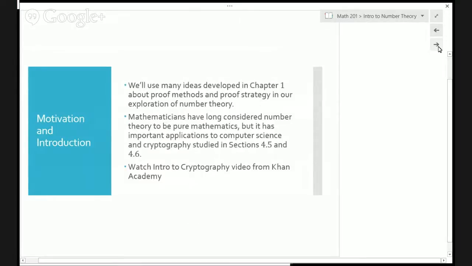I like number theory because I think it's really beautiful. But there are actually some interesting applications that a lot of the people in this course seem pretty interested in. I think the main one that people talk about is cryptography, and there's a nice video on Khan Academy about the basic ideas of cryptography, so I think that'll be fun for us to explore a little bit.